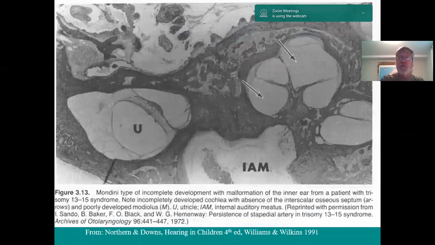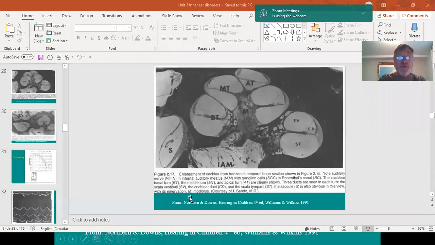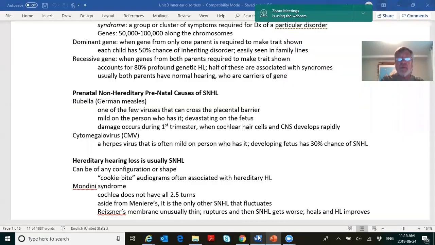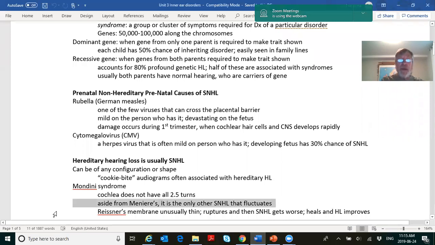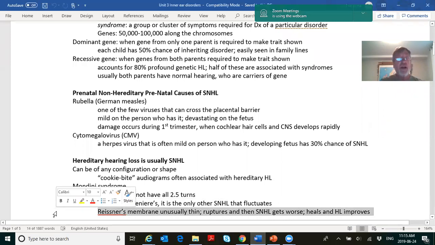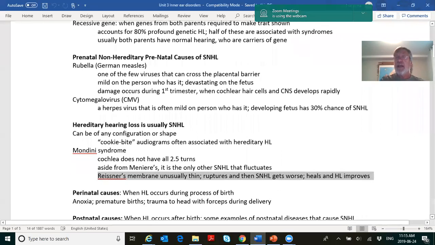All right, and what's often taking place with Mondini is that Reissner's membrane. Now remember what Reissner's membrane is. See, this is why you've got to retain anatomy when you're talking about disorders. Reissner's membrane is the membrane that separates scala vestibuli from scala media. And let's just look here for a second to show you.